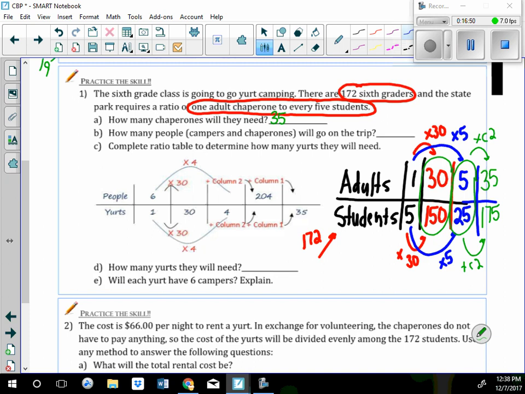All right, so if we have 172 6th graders plus our 35 chaperones, let's add those together, we will have 207 people on our trip.